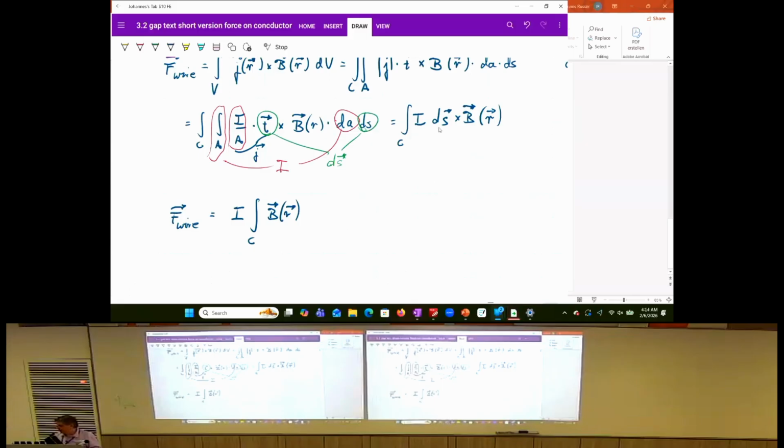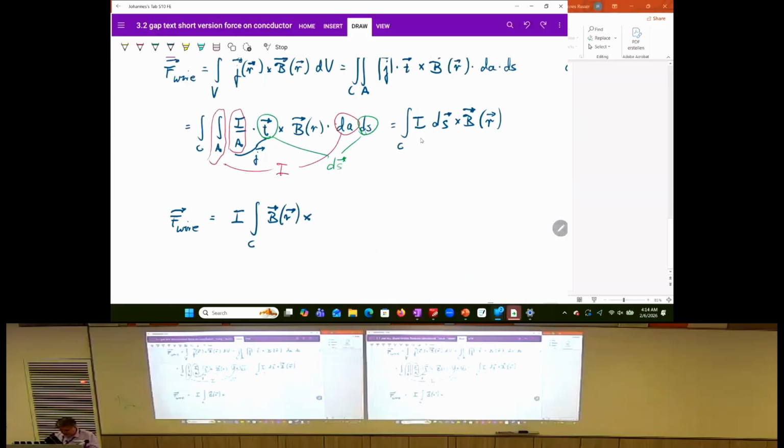But now let's flip the order so that we have our vectorial differential line element at the end of the integral. In order to do that, we also have to switch the sign, and then we can write it like that.